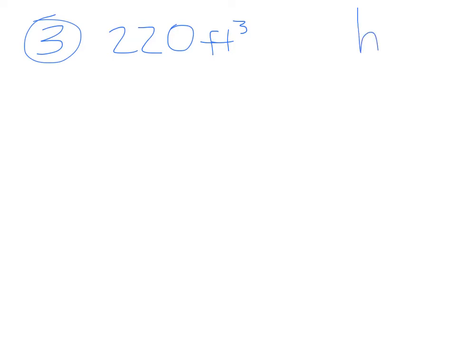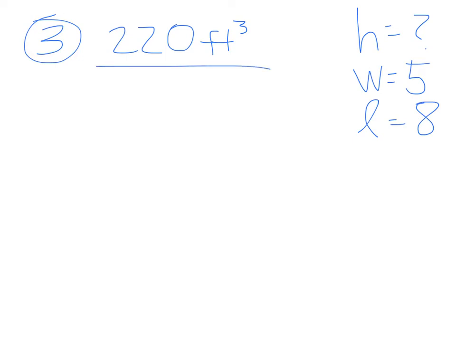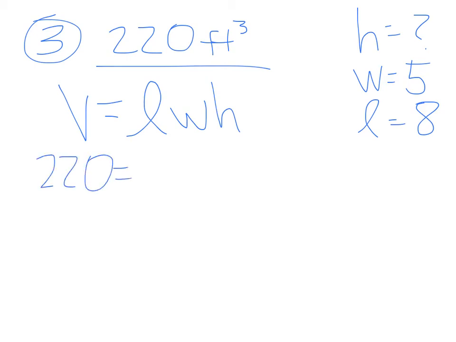So we don't know what H is, but we do know the width is 5 and the length is 8. And whenever they tell you it's 220 cubic feet, so again, since we're talking about volume and we're talking about rectangular prism, start with the volume formula for a rectangular prism. So in this case, you use V equals LWH and then plug things in.